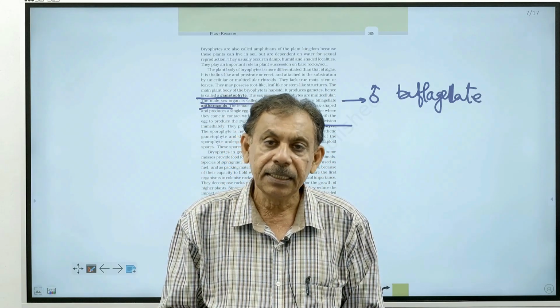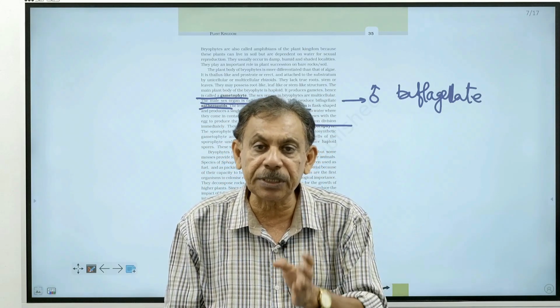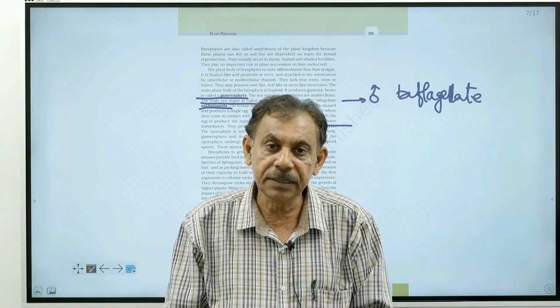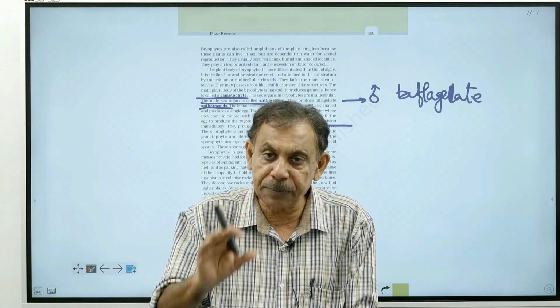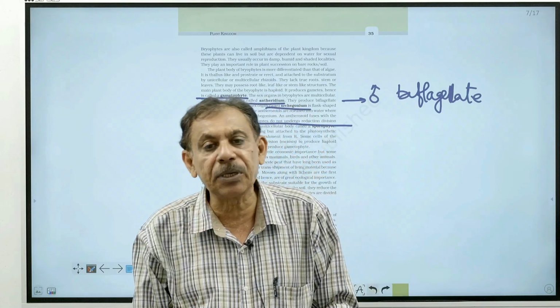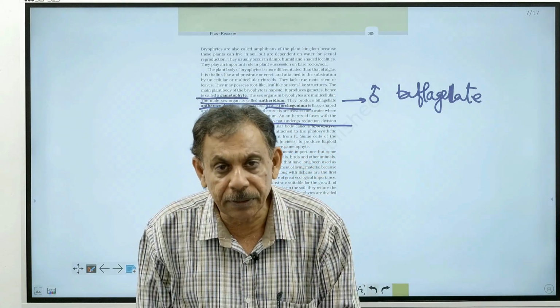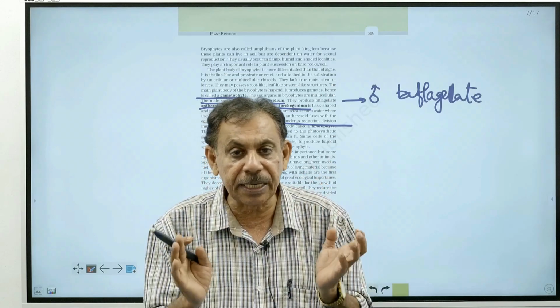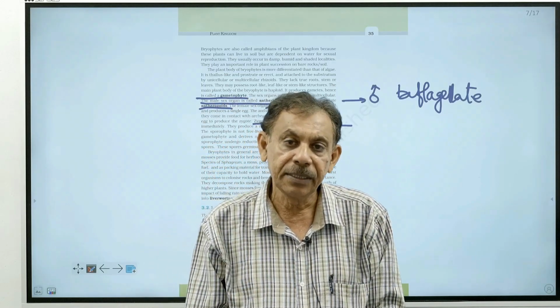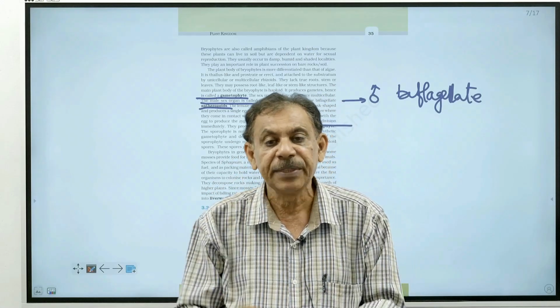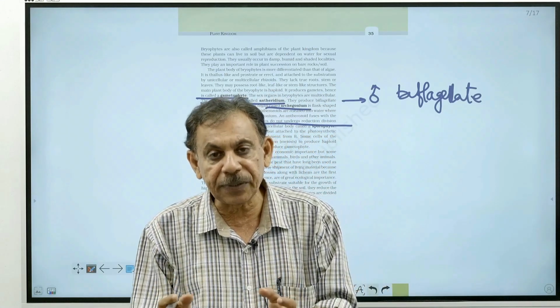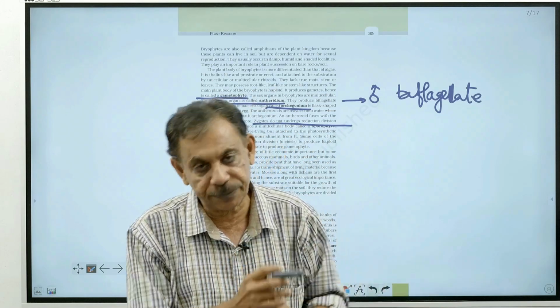It is developed by mitotic division of the zygote. The zygote is diploid, so the seta, foot and capsule, every cell is diploid. They depend upon the dominant life stage, the gametophyte, which is haploid. The haploid gametophyte nourishes the sporophyte. Actually speaking, the sporophyte acts as a parasite.